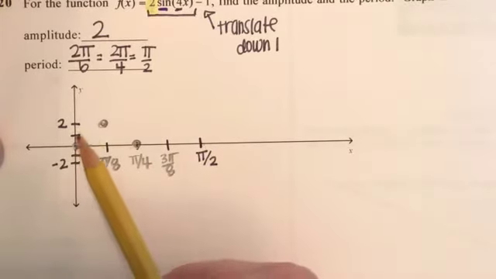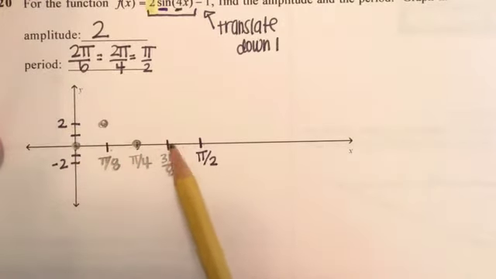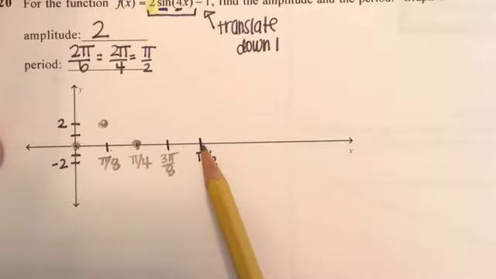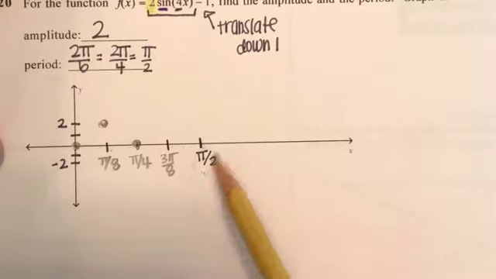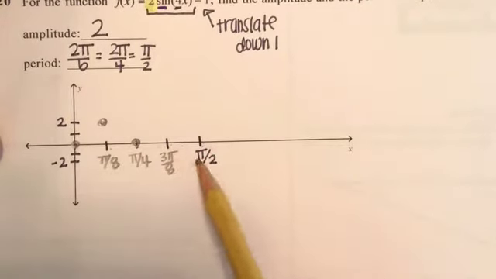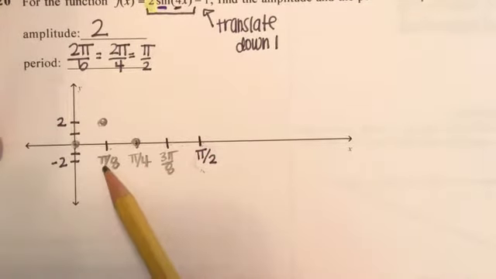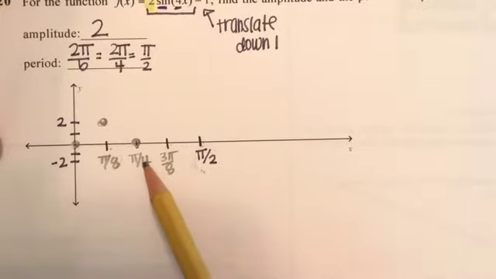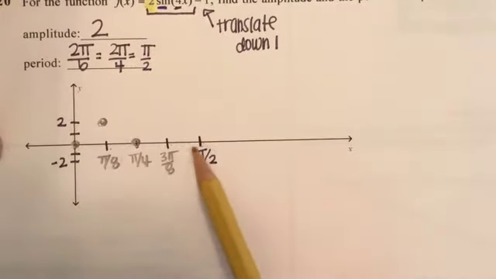So you always have something on the y-axis, and then 1, 2, 3, 4, 5 points. And that would be the period, always at that 5th point. So what I did was I divided that period in half, divided that in half, and then I counted pi over 8, 2 pi over 8, which is pi over 4, 3 pi over 8, and then 4 pi over 8, which is pi over 2.